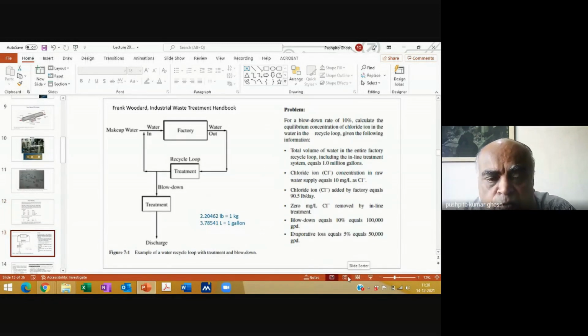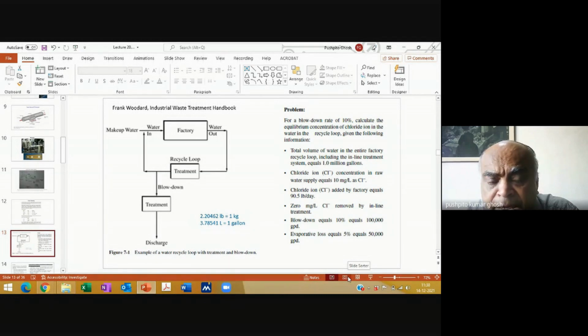Let me now tell you what happens, and we have seen that when we introduced initially this area of water, and we said that it goes into an industrial process. Some of the water may get incorporated in your products. Some of it may become a waste stream, and so it has to be discarded.